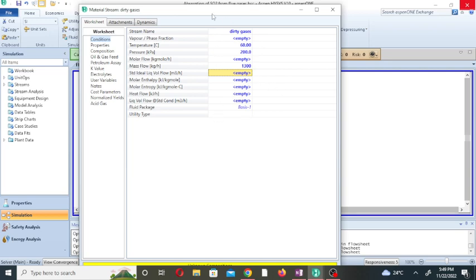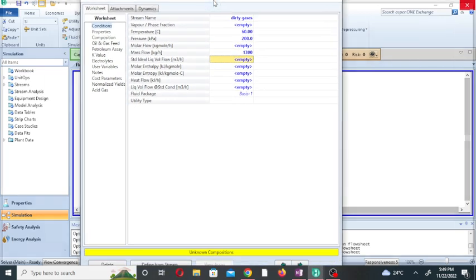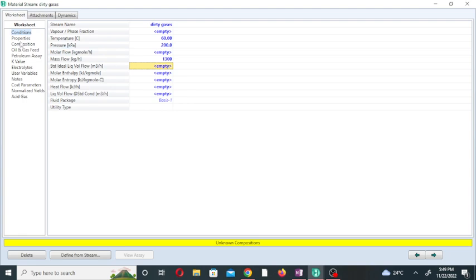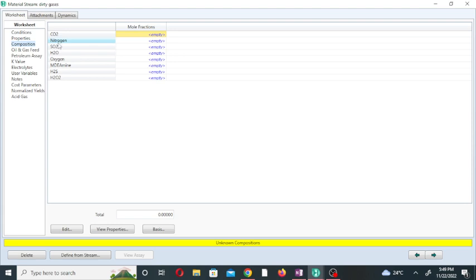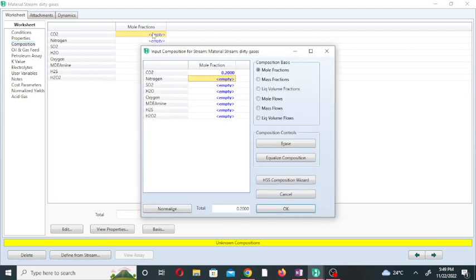This shows us an error, unknown composition. So what is the composition of the flue gases? Come to the composition, and these are the various components of the flue gases. In the flue gases, the carbon dioxide mole fraction is 20%, nitrogen is 50%, and sulfur dioxide is 15%.